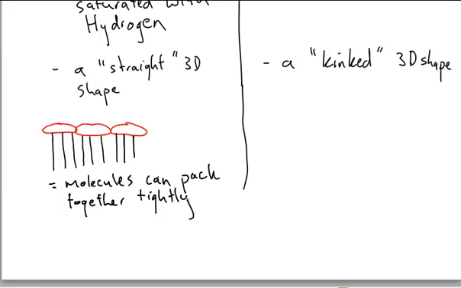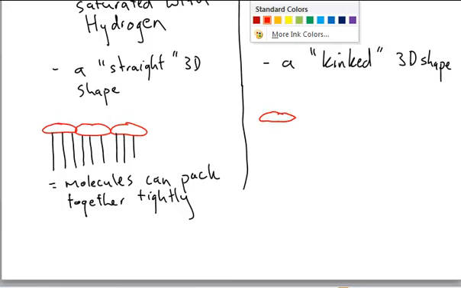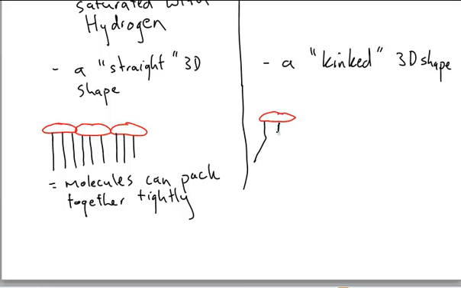Whereas when they're unsaturated, I'm just going to draw the glycerol backbone, and the beautiful yet kinked chains interfere with the next molecule coming in too closely.